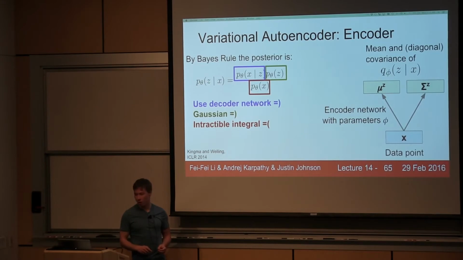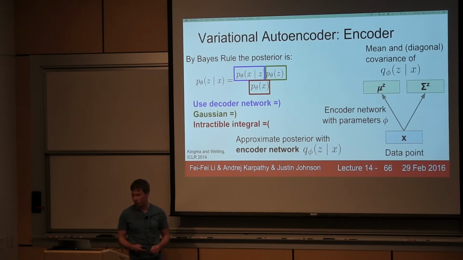Again, this encoder network might be some fully connected network, or it might be some deep convolutional network. The intuition is that this encoder network will be a separate, totally different function, but we're going to train it so that it approximates this posterior distribution that we don't actually have access to.